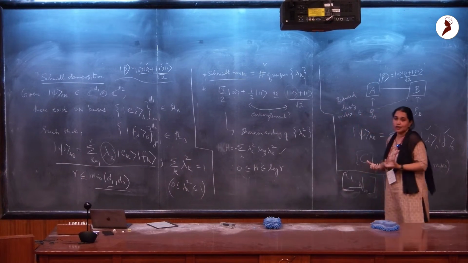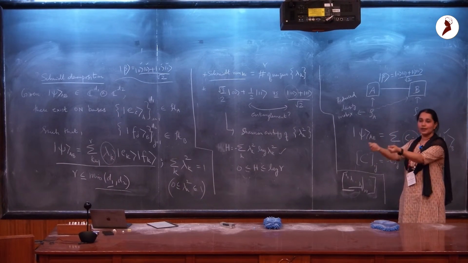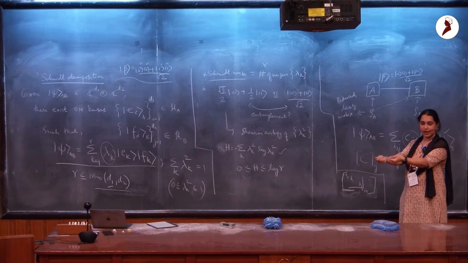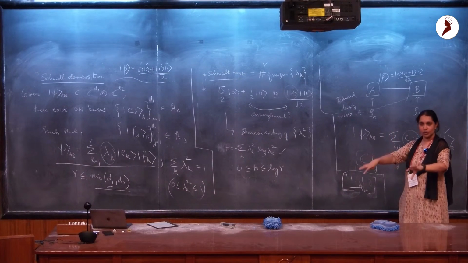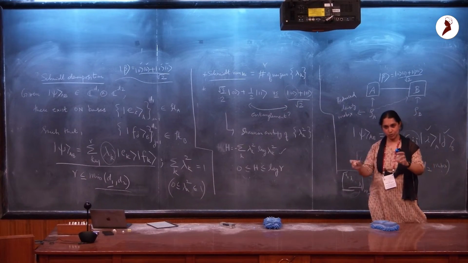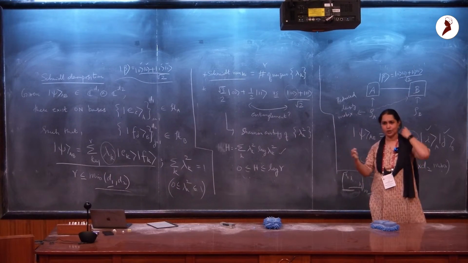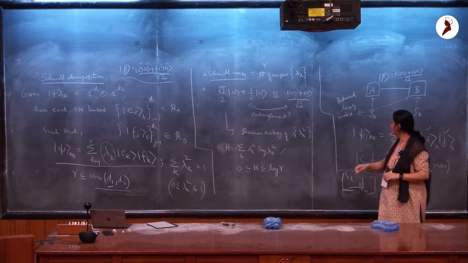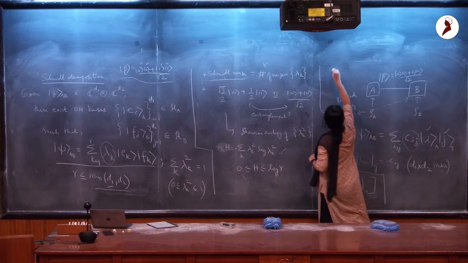Think of this like a marginal probability distribution. If I have independent random variables, then the joint distribution is simply the product of the two distributions. But if I have correlated random variables, then the way I get to the individual distributions of these two random variables separately is by doing a marginal. We've all calculated marginals of probability distributions. This is exactly like that, except you now have to do an operation called a partial trace.